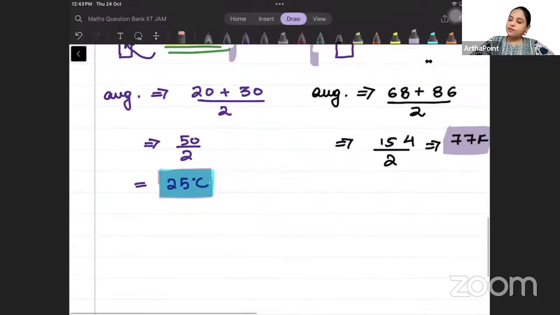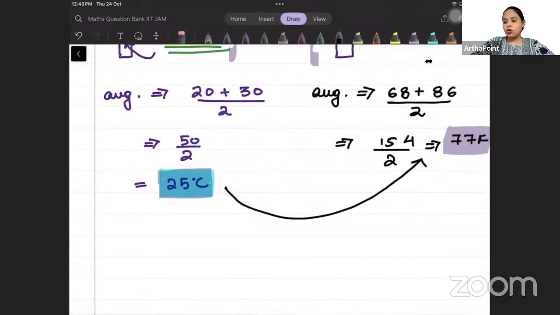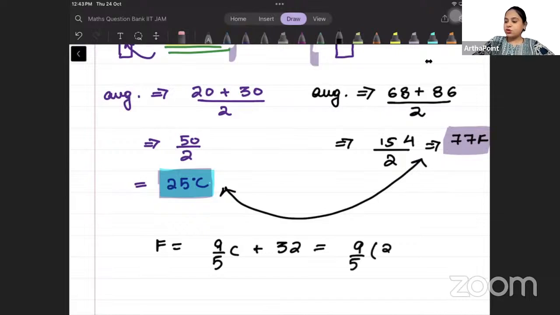Now, let us look at whether 25 degrees and 77 Fahrenheit are the same or not. How can I check it? Very simple. Fahrenheit again will be 9 by 5 Celsius plus 32. So 9 by 5 into 25 plus 32.